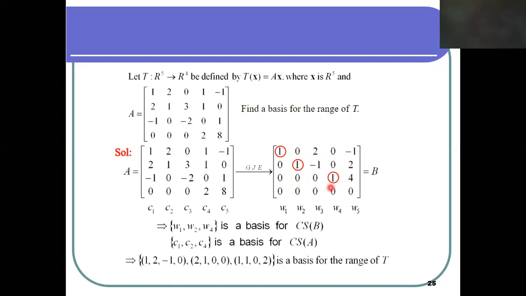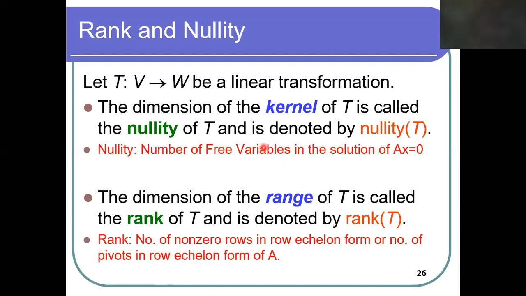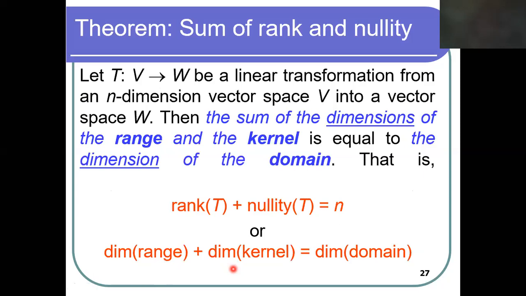So the rank of this transformation is 3. So the rank of a transformation is the number of non-zero rows in row echelon form, or the number of pivots in row echelon form of A, as we have discussed in the previous slide.